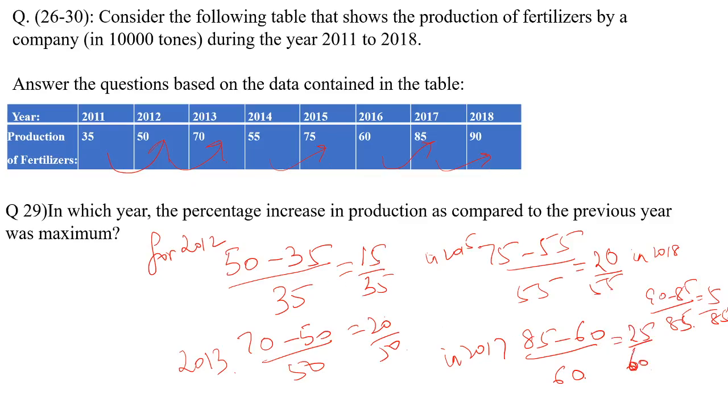When you solve all these values, this will be 42%, this will be 40%, 36%, 29%, and, just a second, it is 25 by 60.